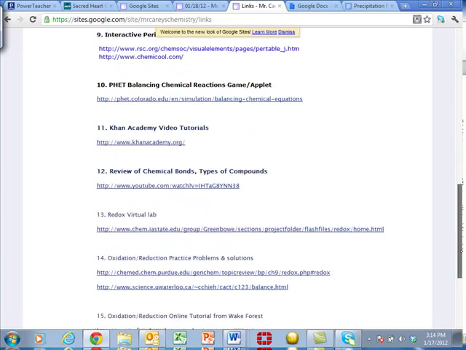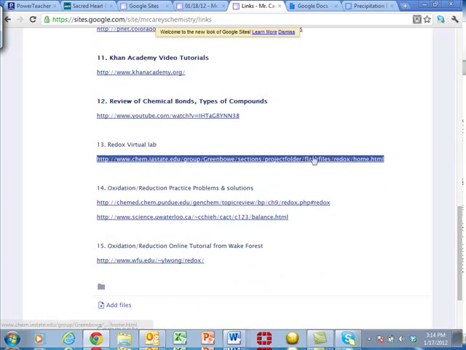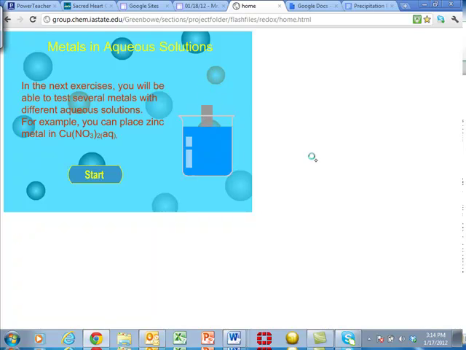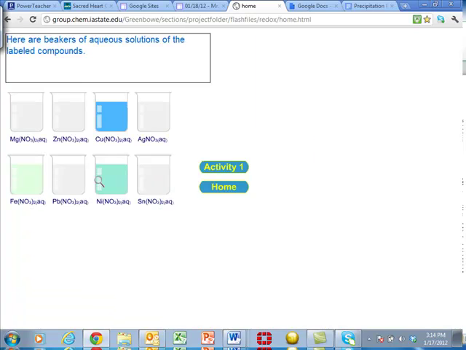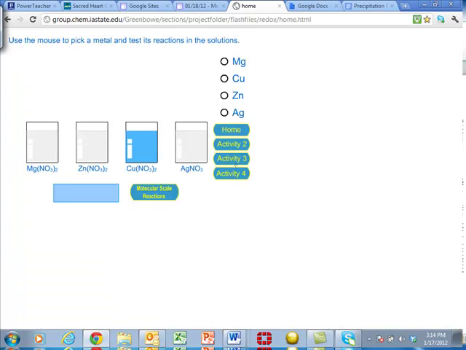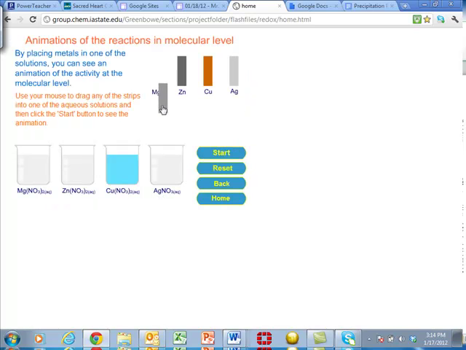If we go down to our virtual lab we did, what we just did was a reaction of magnesium and silver nitrate. So we have magnesium and we placed it in silver nitrate.